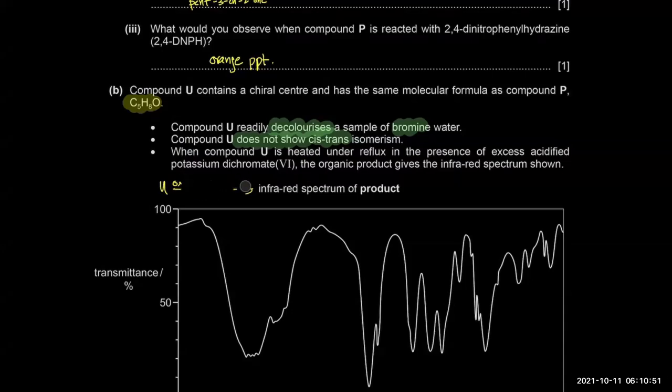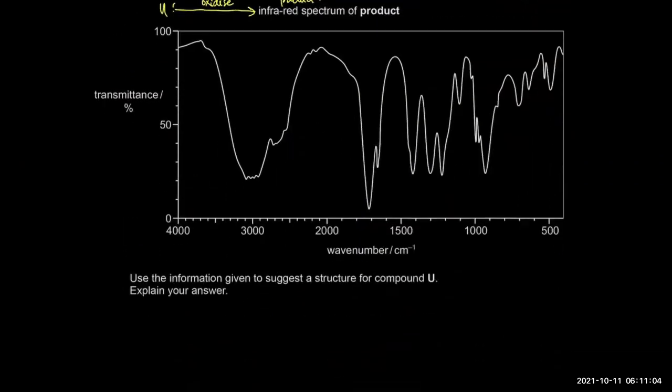When you oxidize compound U, you get this following infrared spectrum from the product. So this is the product of the oxidation of compound U. Use the information given to suggest a structure for compound U. Use the infrared spectrum given to suggest a structure for compound U.